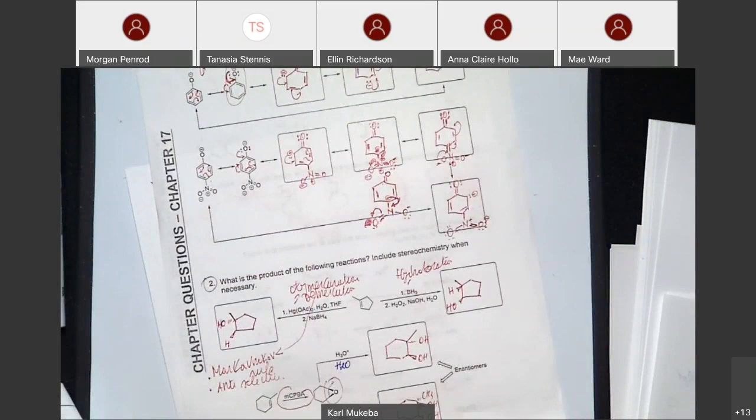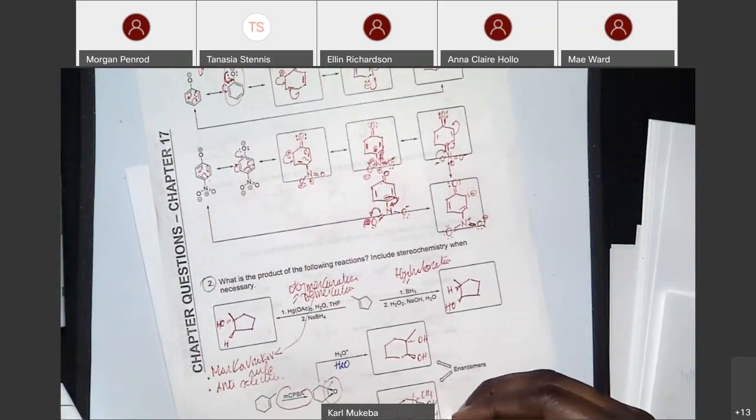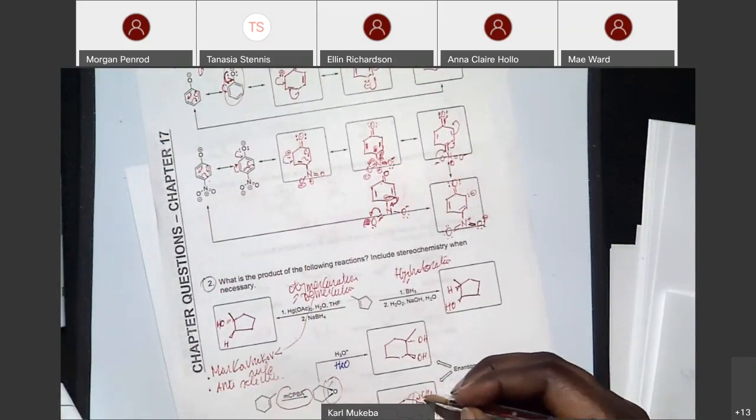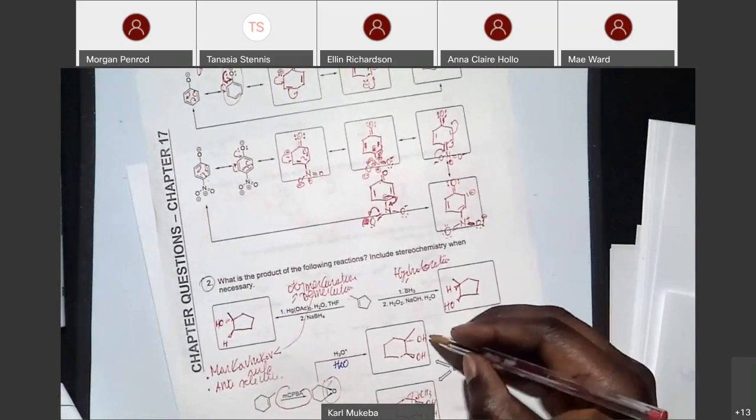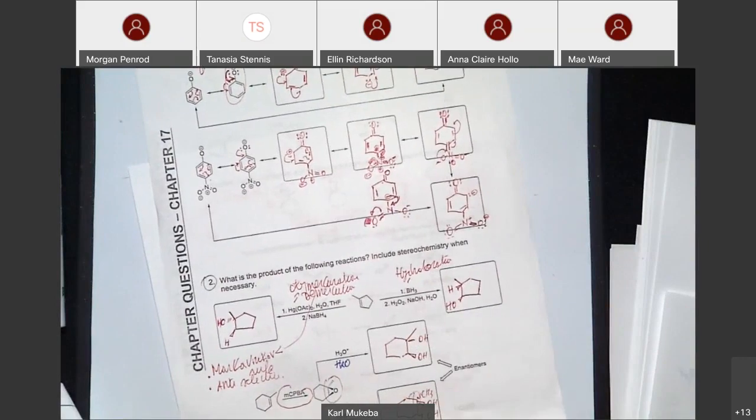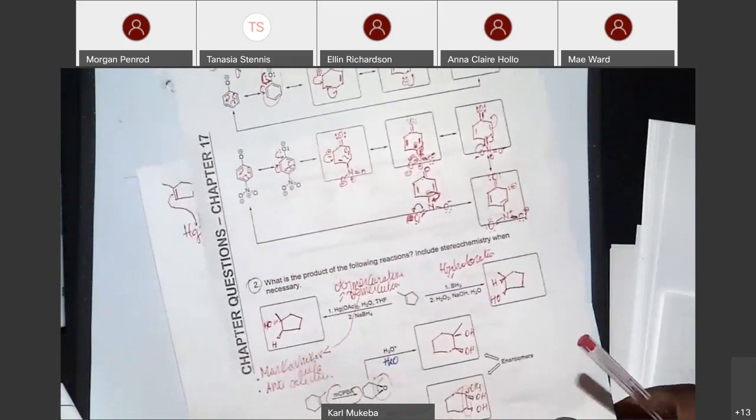Acidic is syn addition, I can say that. The other one is a syn addition, and you keep your stereochemistry. But for this one, it changes a little bit because of the attack from the backside.